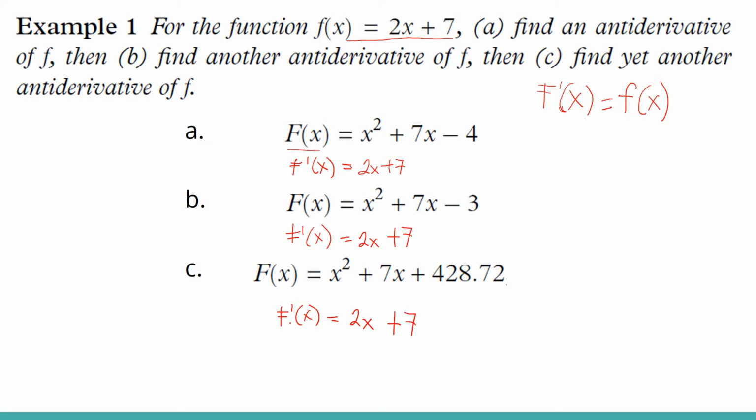So F prime of x equals f of x, which is the given. If this is satisfied, meaning these equations A, B, and C are antiderivatives of the given f of x equals 2x plus 7. That's why it is said that there is more than one antiderivative to a function.